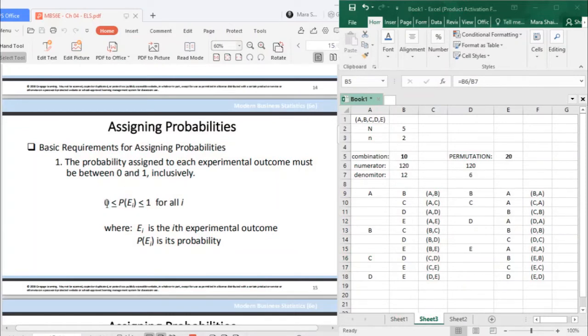Muna diri imong formula, your 0 is less than or equal to P(E_i), the probability of the experimental outcome, which is also less than or equal to 1 for all i, where again, E is the experimental outcome and P(E) is its probability.